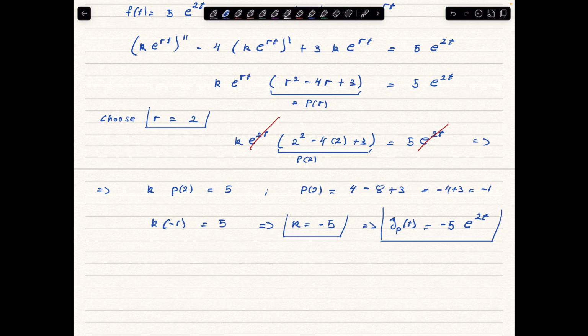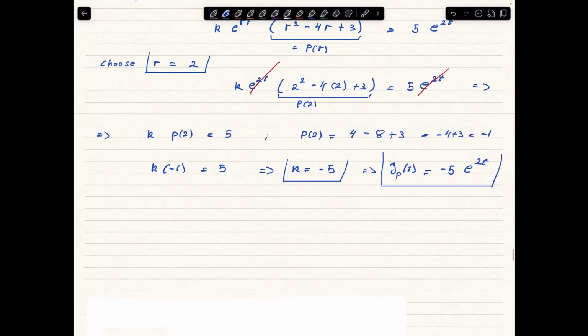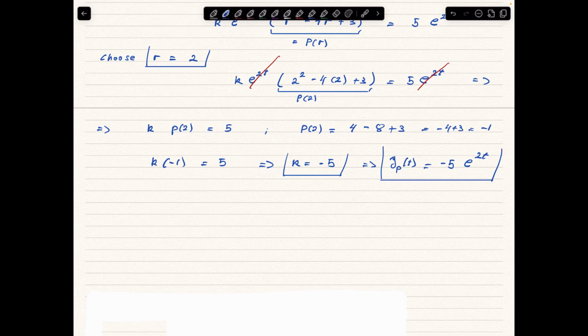So that's how guessing works for the non-homogeneous case. So let's summarize what we just did. When we have f of t equal to some coefficient exponential 2t, we need to guess yp to be some coefficient that we find out later, exponential the same exponent here.